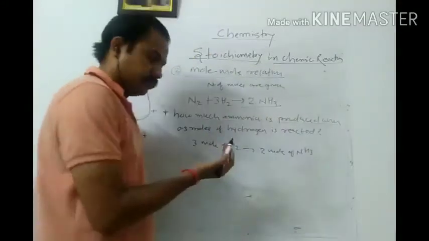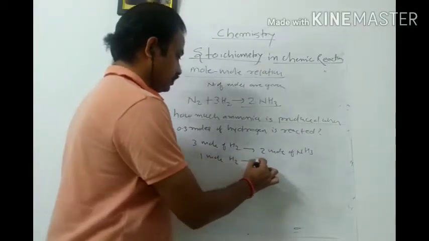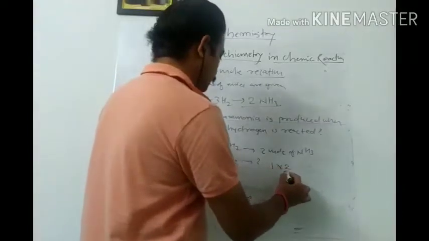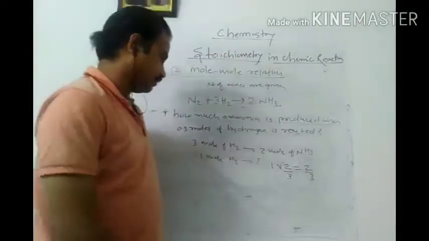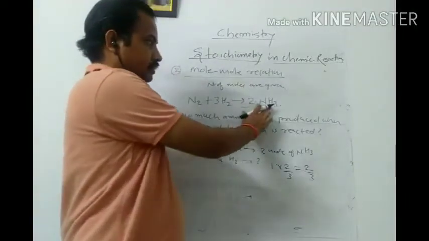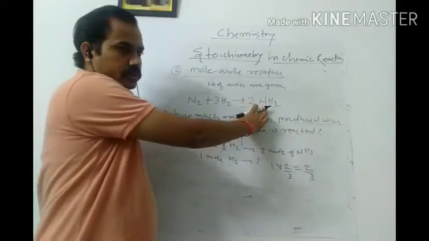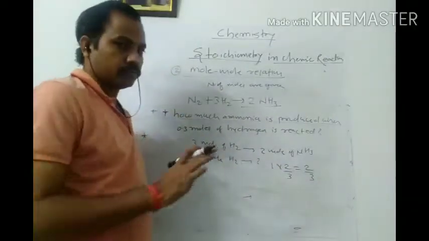Firstly, calculate for 1 mole. Then 1 mole of hydrogen gives how much ammonia? Simply 1 into 2 divided by 3, that is 2/3 moles of ammonia.